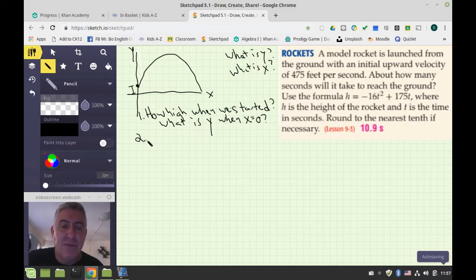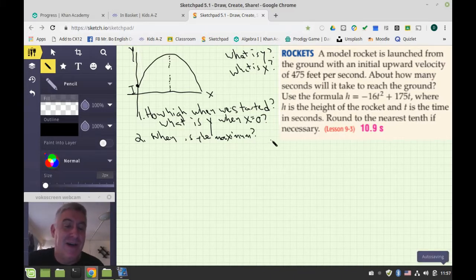And question type number 2 will ask us about the axis of symmetry. So it will often ask, when is the maximum? Or when is the minimum?